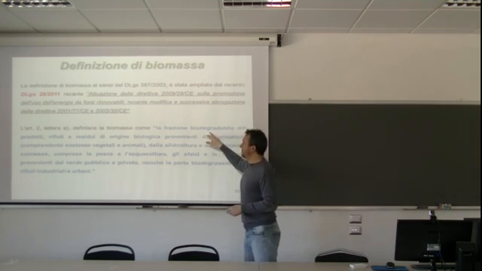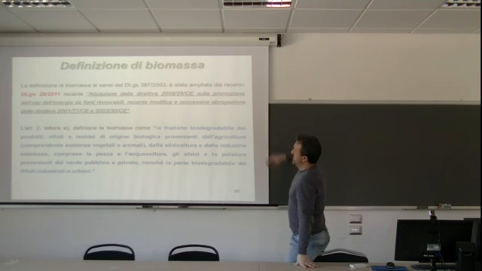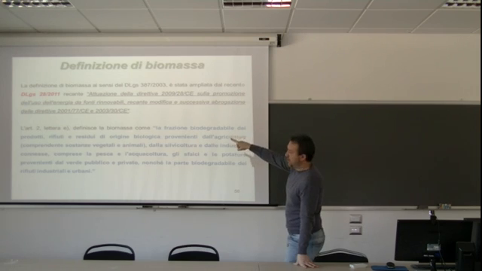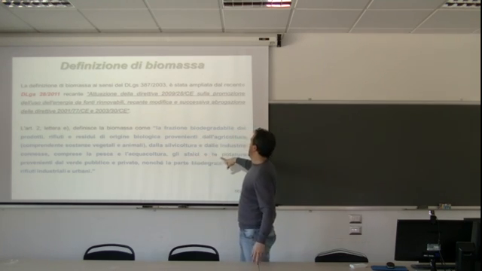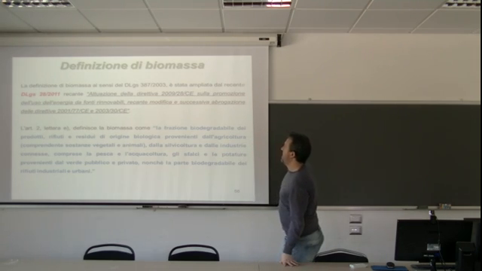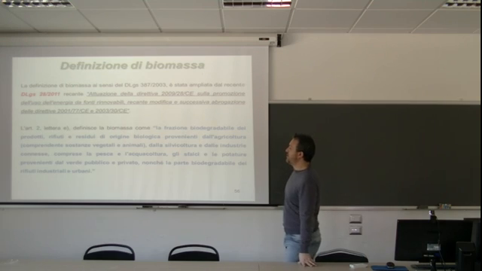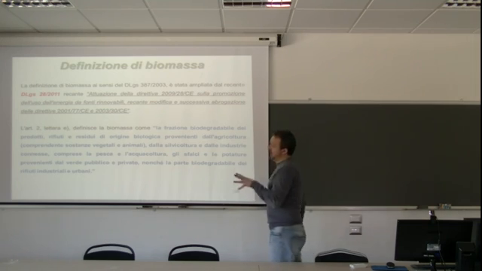Biomass is the biodegradable fraction of products, waste, and residues which has a biologic origin, coming from agriculture, forestry maintenance, and connected industries, and also residues from parks, both public and private, and also the organic part of wastes. So this is the definition.